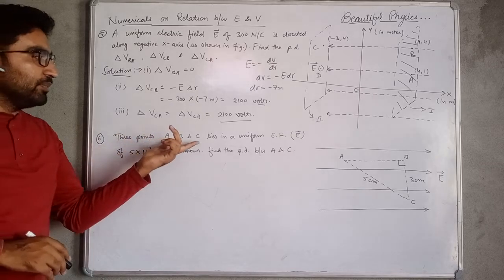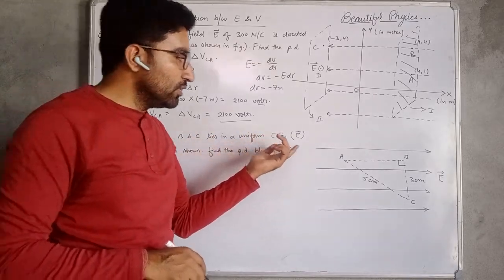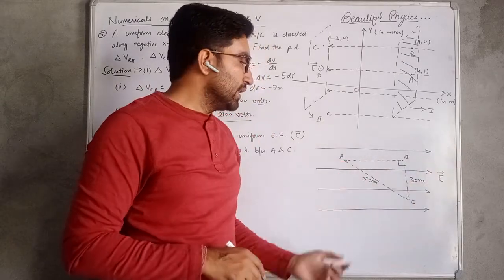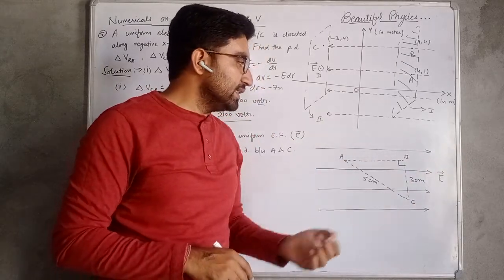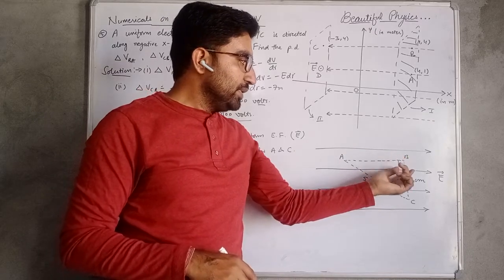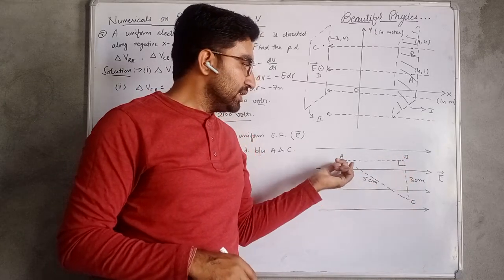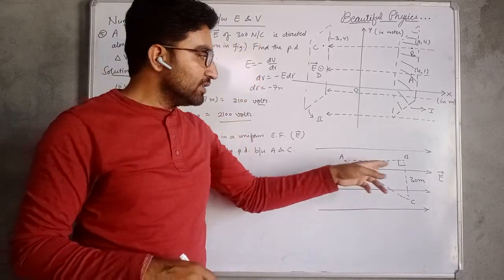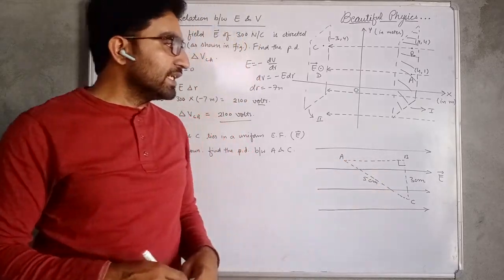3 points A, B and C lie in a uniform electric field. This is a uniform electric field directed towards the positive x-axis, and we have 3 points A, B and C. The distance between B and C is 3 centimeter, and the distance between A and C is 5 centimeter, and these 3 points lie on the vertices of a right angle triangle.